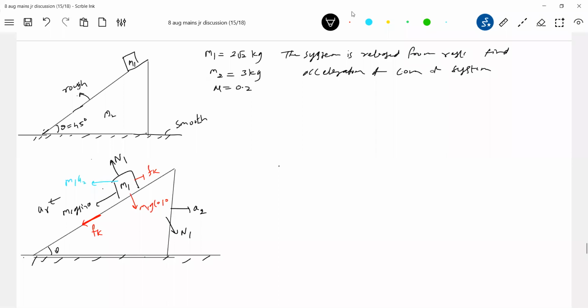Okay, let's write all the possible equations. First, calculate the normal contact, because that is very important. So what is N1? Here N2 will come, weight M2g. N1 plus M1A2 sin theta minus M1g cos theta.